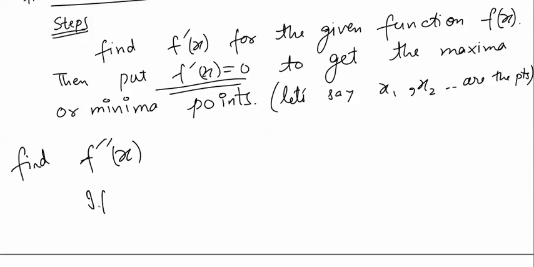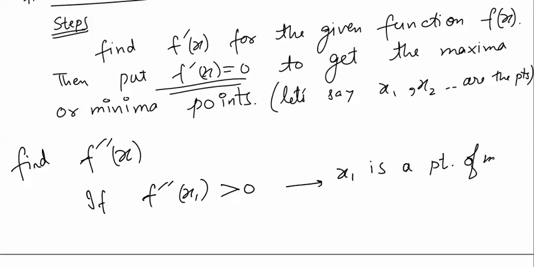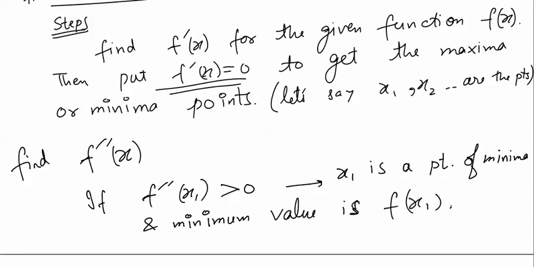If f double dash of x is greater than 0, let's say at x1, then x1 is a point of minima and minimum value is f of x1.